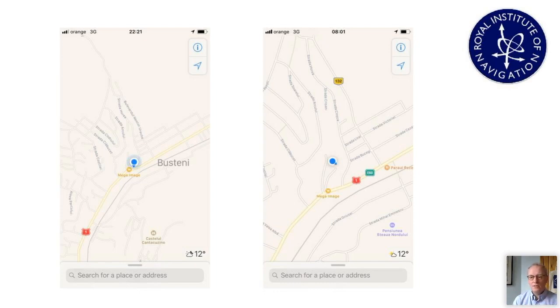On the left, you can see a slight fuzziness around the blue dot. And that's because when I took this particular screenshot, I had moved closer to a multi-story building. So although I was still getting a position fix from the satellites, the confidence in that position was weaker because effectively half of the sky was blocked by the building.